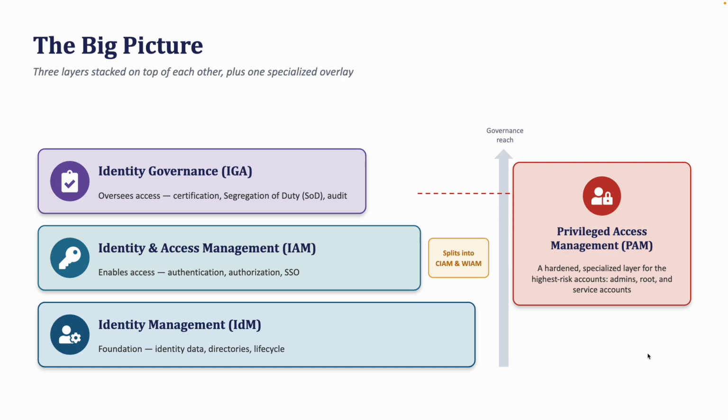Those three aspects, identity management, identity and access management, and identity governance, are very much related, and there are systems which only cover identity management. There are systems built on top of IAM that have some capability of IDM but not a full-fledged IDM, and there are systems which are only focused on IGA.